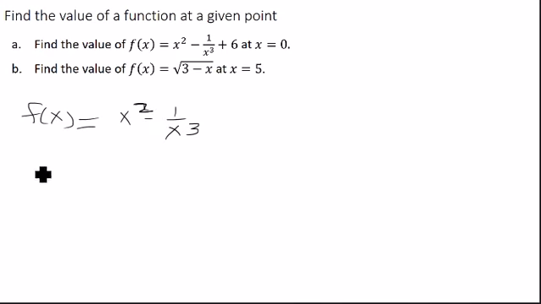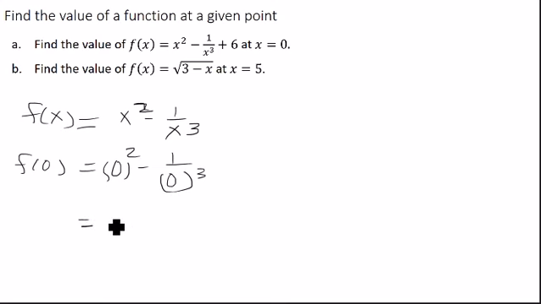over x cubed. So I'm going to find f of 0, and that's going to be 0 squared minus 1 over 0 cubed. I want to keep my promise that I made earlier to keep all these substituted values inside the parentheses. So 0 squared is 0, minus 1 over 0 cubed is 0.